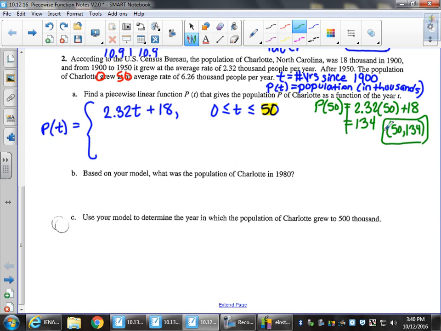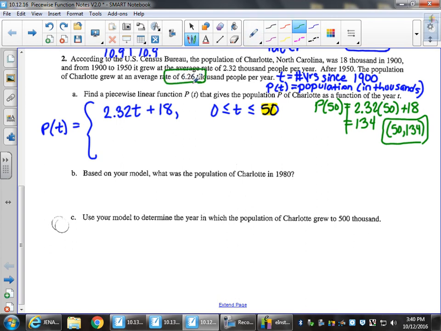I now have an ordered pair, x1, y1, which will be on my next expression. I need to go back and reread and find the rate, my m value for this next piece. And I read, after 1950, the population of Charlotte grew at an average rate of 6.26 thousand people per year.